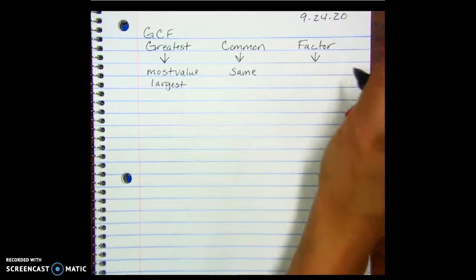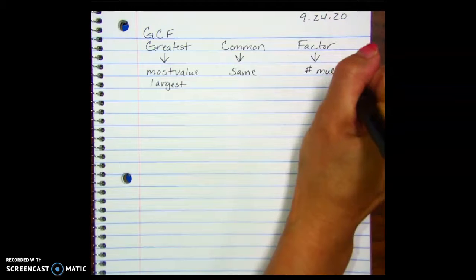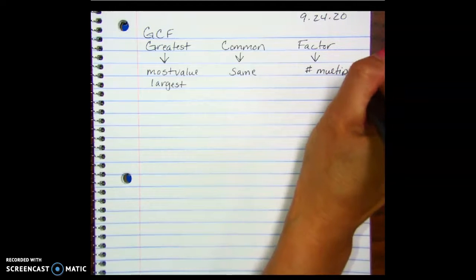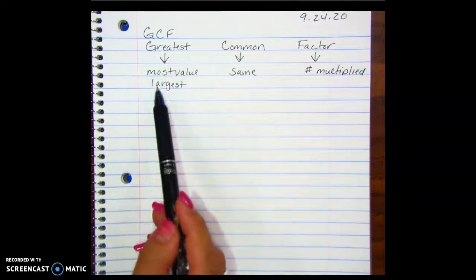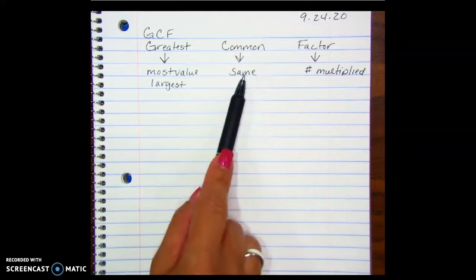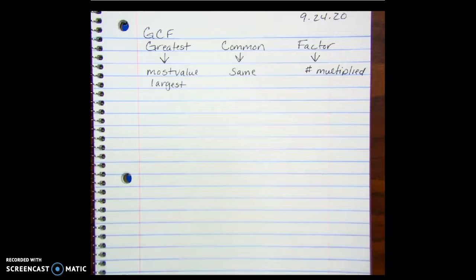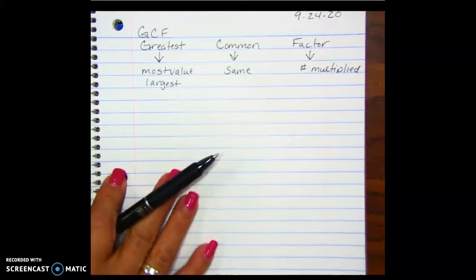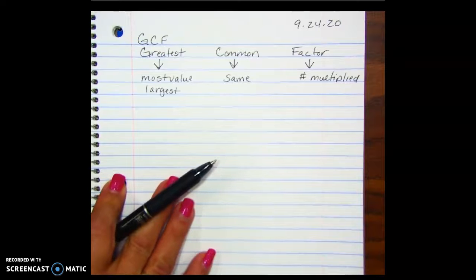And factor means the number multiplied. Okay, so we're trying to find the largest number that's multiplied, and that is the same between 2, 3, maybe even 4 numbers. It can go on and on. We usually stick with just 2, but you're going to see 3 as well.